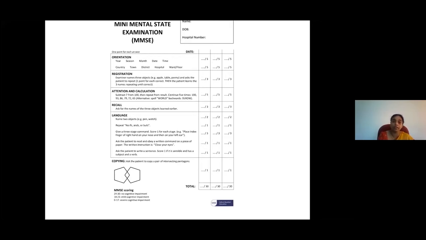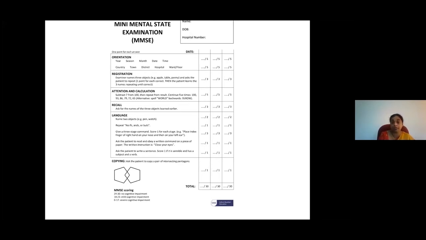You can understand we give 30 marks in MMSE. The widely used cutoff is 23. If you score 23 or less, you have cognitive impairment. But the authorities have a debate. They have come to a consensus that if somebody has a higher educational level, like university education, the cutoff should be a little higher than 23.